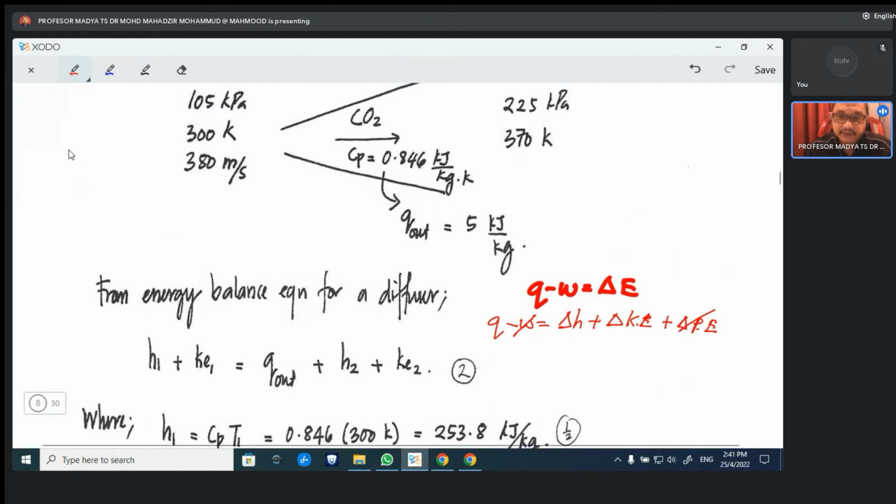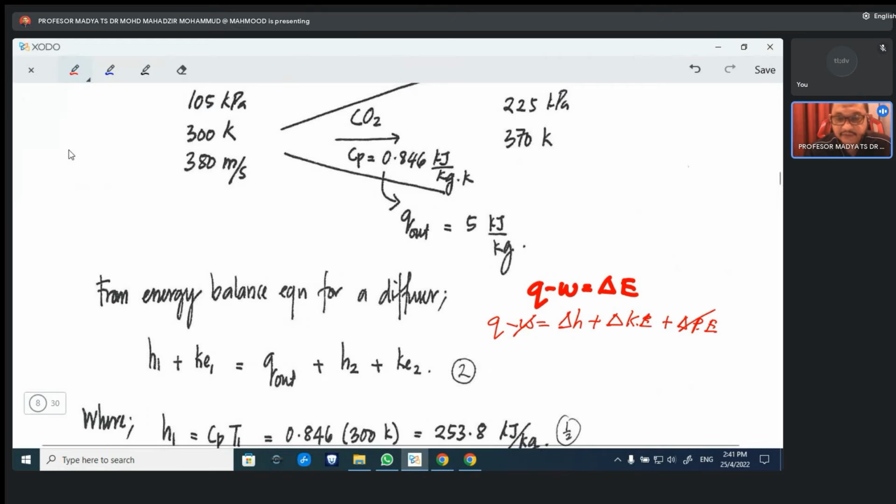Okay, enthalpy, we have to find the enthalpy. But for Q here, the question does not mention that the diffuser is adiabatic. Although we know a diffuser can be assumed as an adiabatic process, in this case it is mentioned that it has a heat loss of about 5 kilojoule per kg.